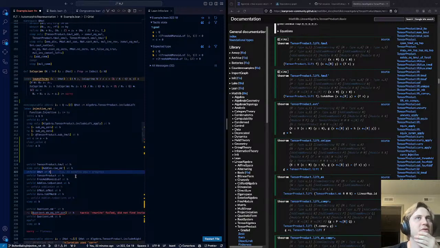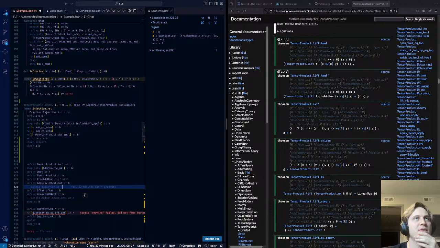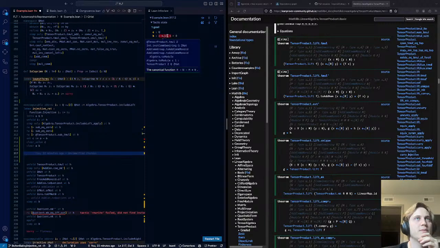You can unfold a whole bunch of definitions, and at some point you get that you're doing a quotient, you're in some quotient type. The key point is that this tensor product is a quotient type.